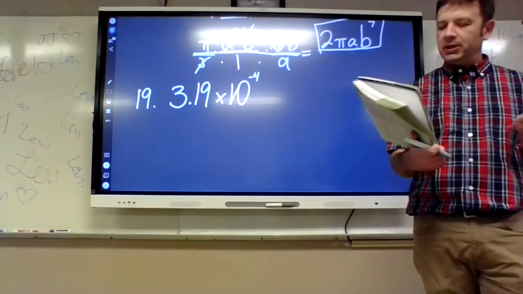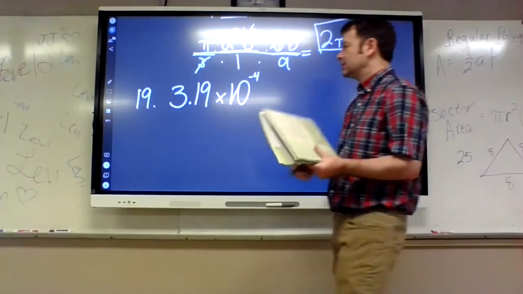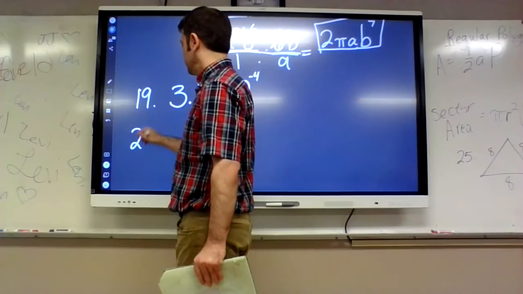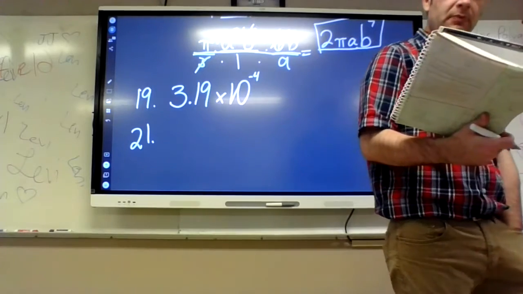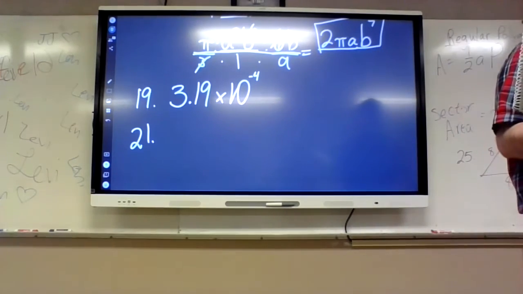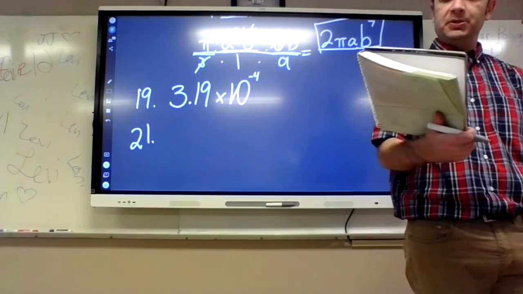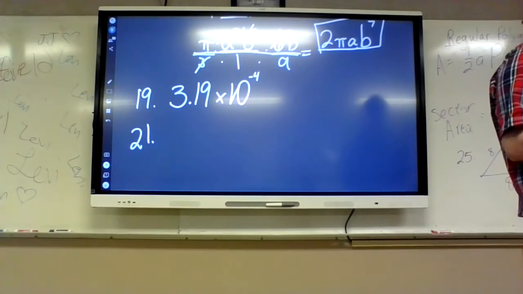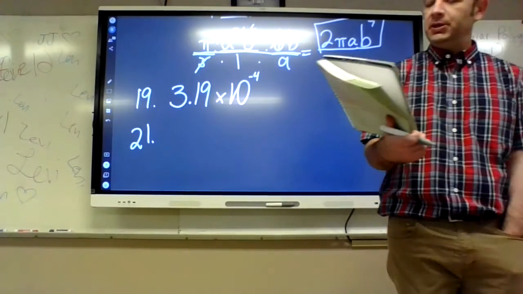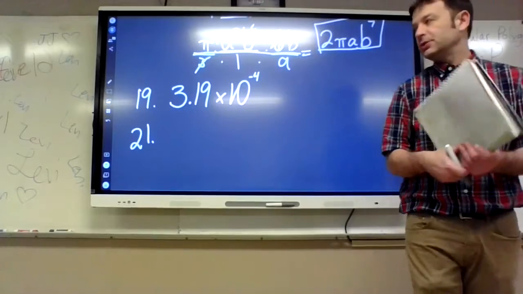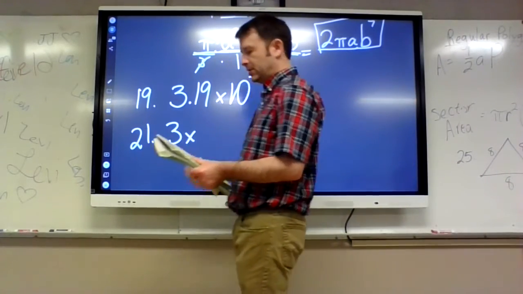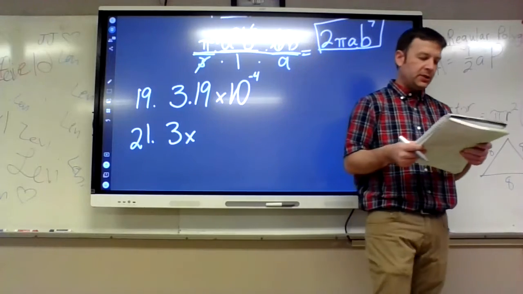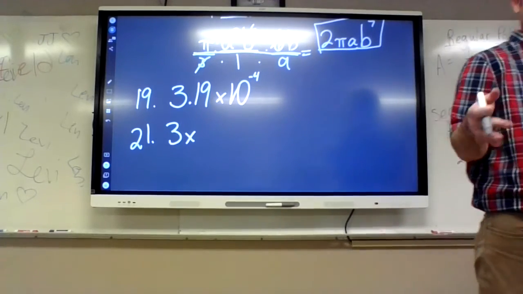Okay, 21. Division. Do you guys remember how we did this? Basically, we just divided the parts. So 9 divided by 3 is 3. And then 10 to the 8th divided by 10 to the 3rd.